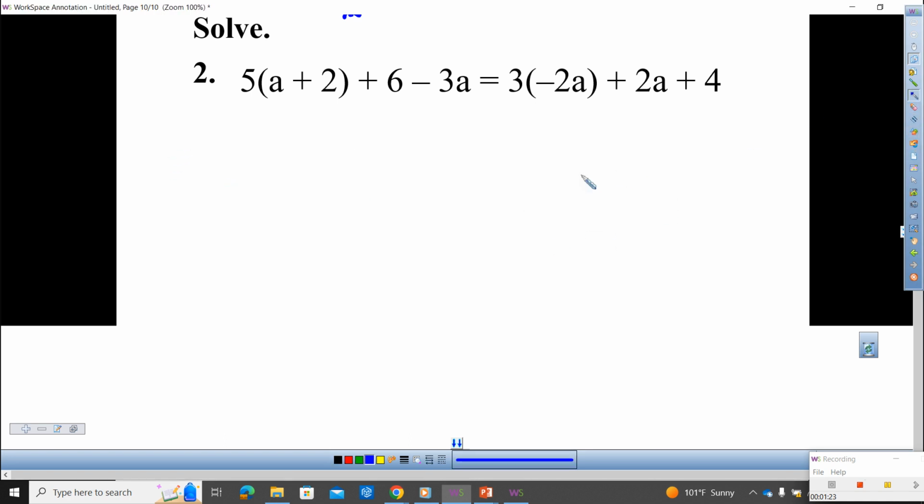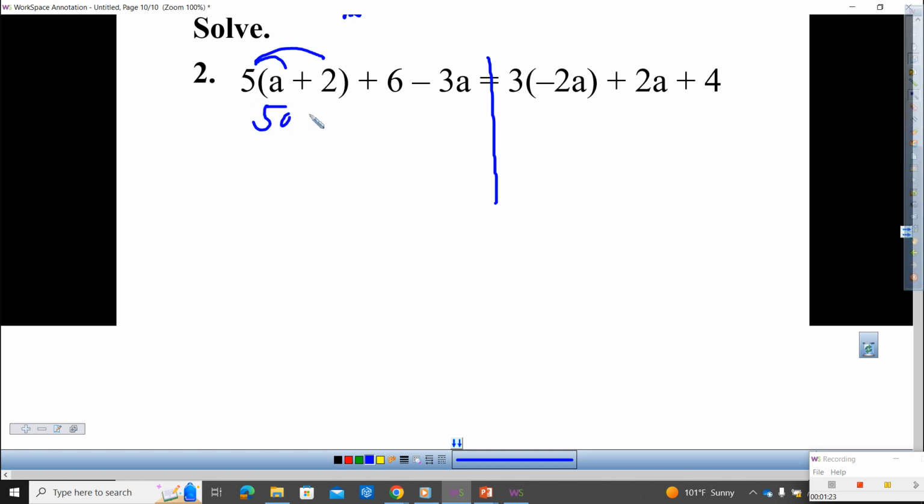All right, Anthony, pass someone. Anthony, where do we start? He says he's going to start on the left side first by multiplying the 5 into the parentheses.